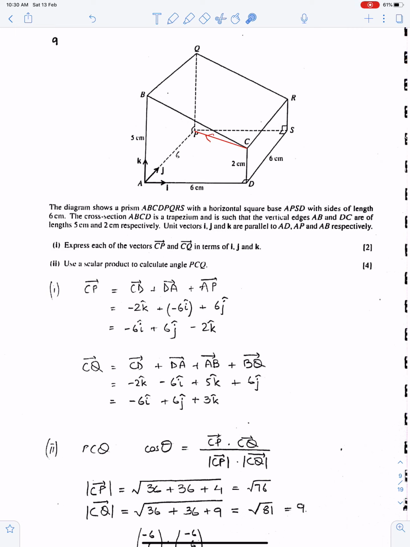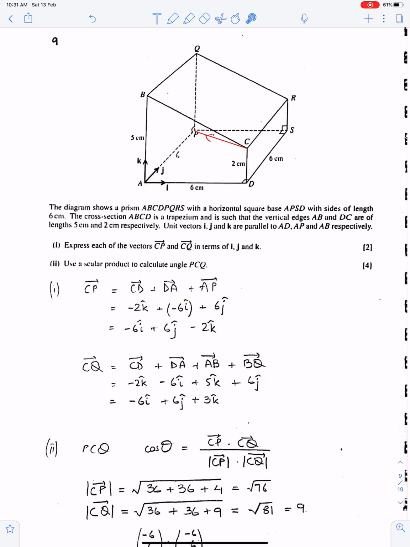I can go in this way: CD plus DA plus AP. In this way, I can easily get the vector CP. See, it's CD plus DA plus AP. CD is negative 2K, DA is negative 6I, and AP is positive 6J. And this is vector CP.